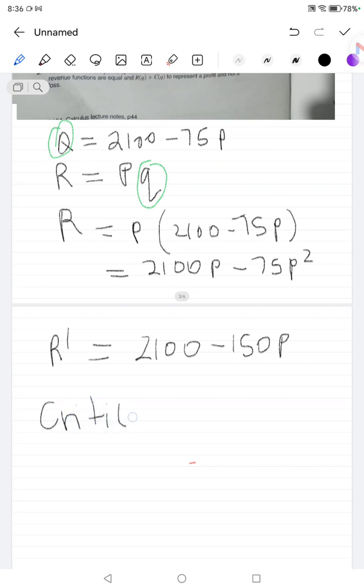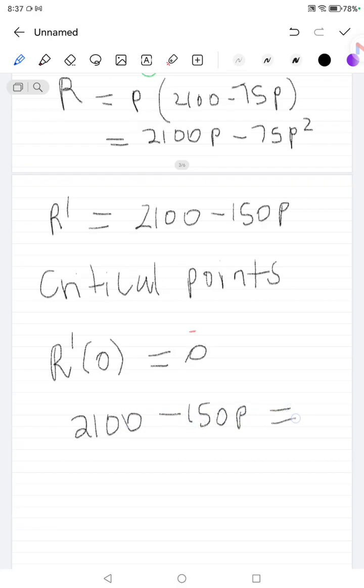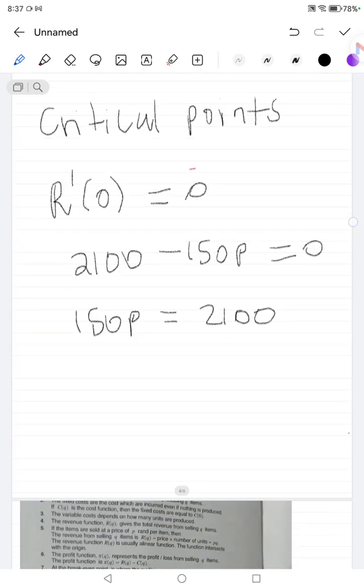Then this is the same as calculating your critical point, because your critical point is merely this equal to 0. So now you have 2.1 minus 150p equal to 0. Then 150p is equal to 2.1.